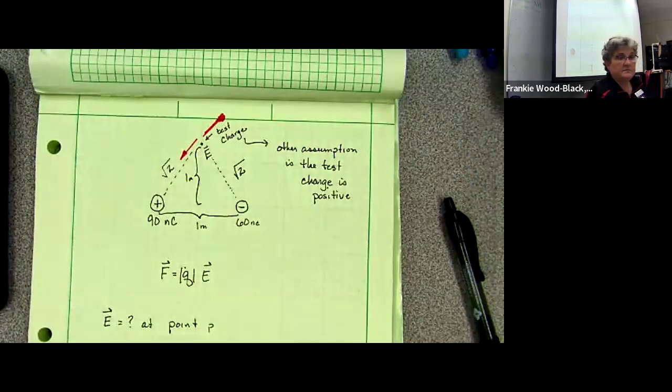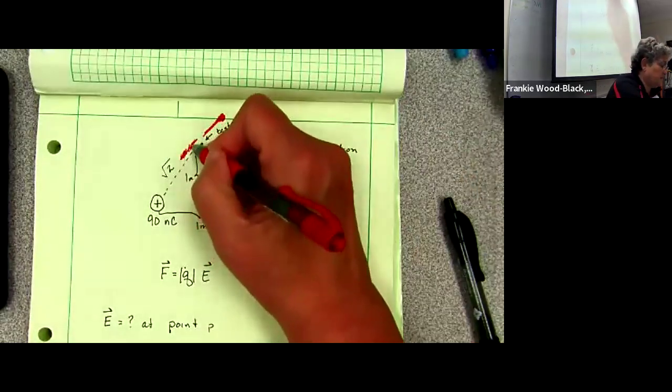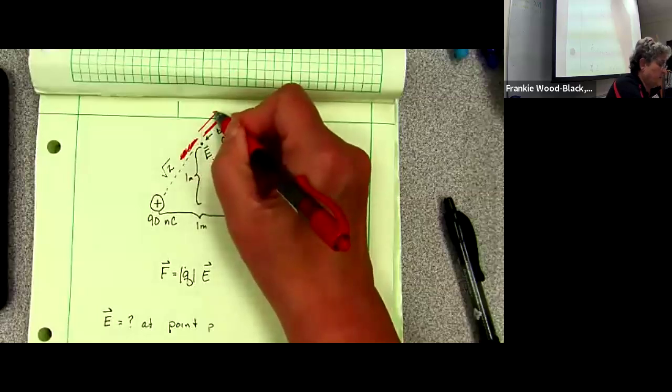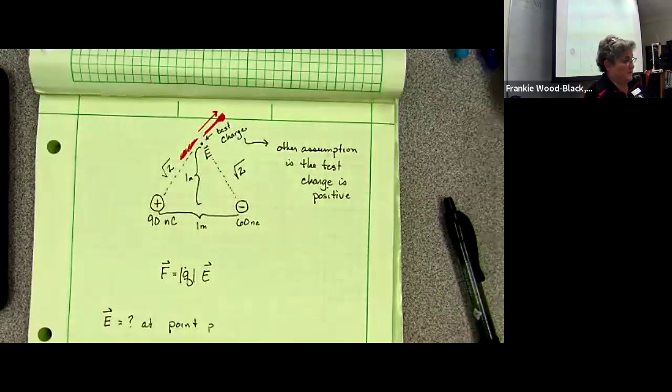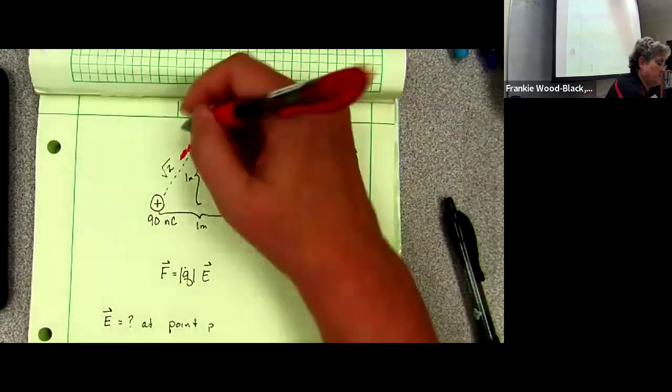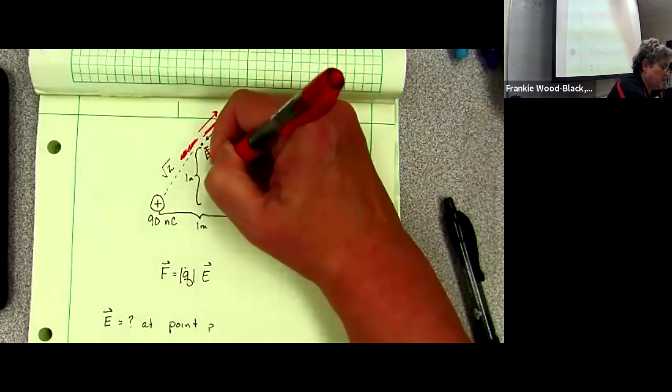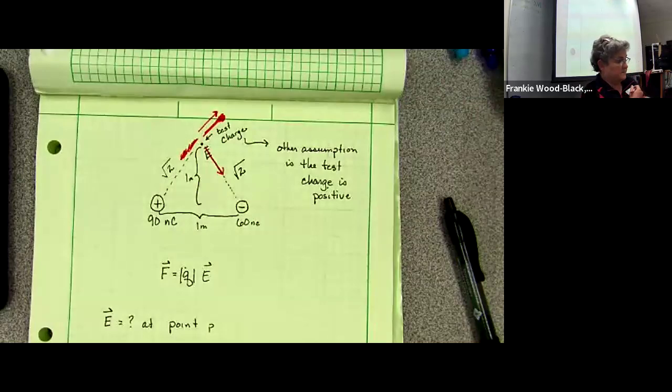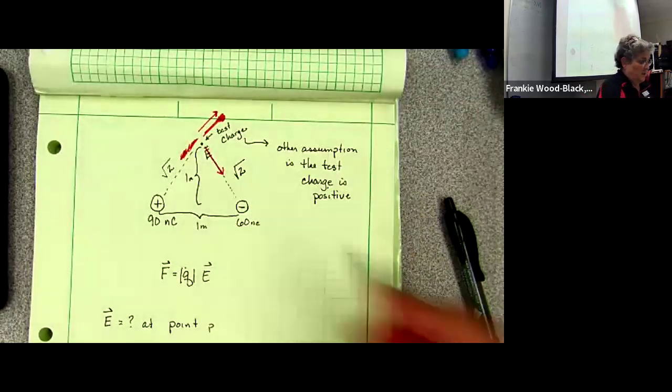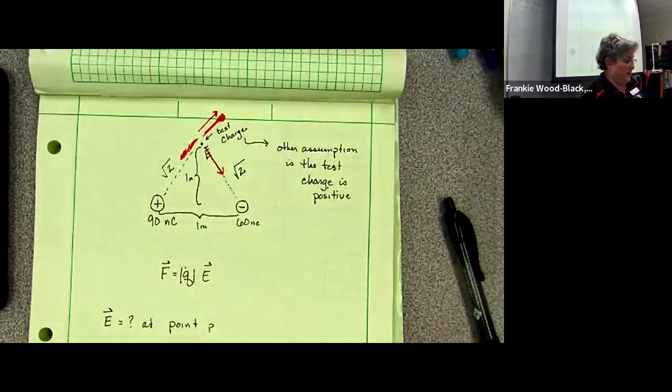You said that test charge is positive? Yep, the test charge is positive. Yep, it's going that direction. And this one is going to go this direction because it's negative. So our resultant electric field is going to go out somewhere in that direction.